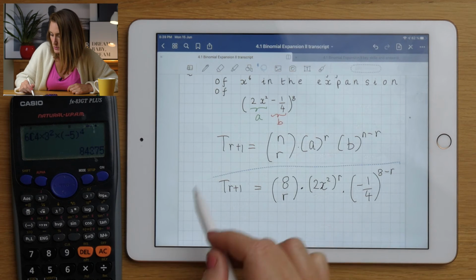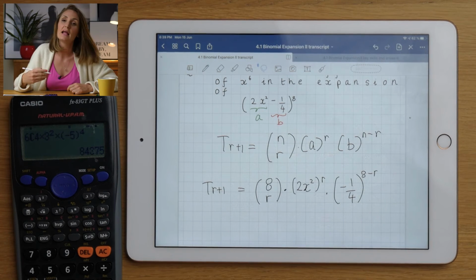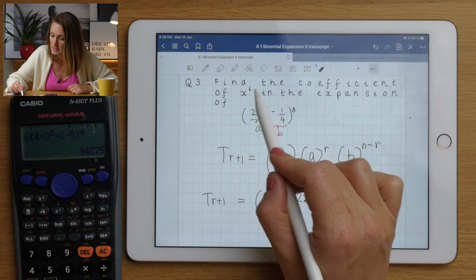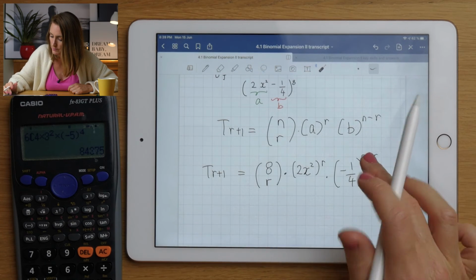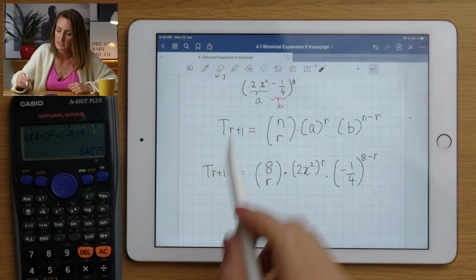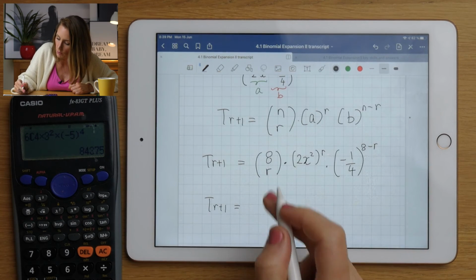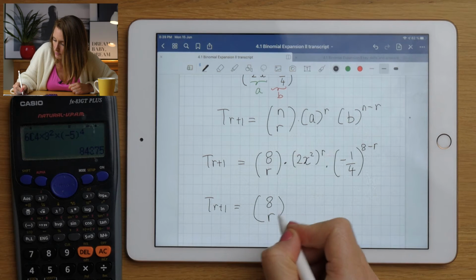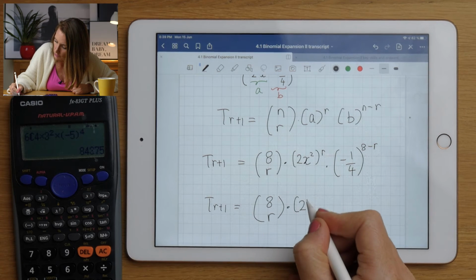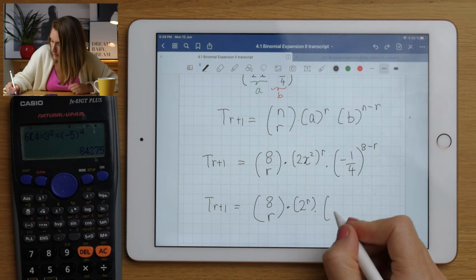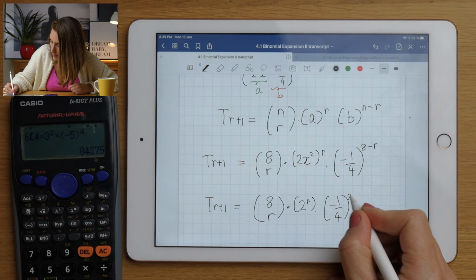Now, in this situation here, I need to again think, which value of r do I need? I need x to be x power 6, okay? So I'm going to tidy this up slightly. What I like to do is put all the coefficients, all the numbers, for example, here at the front. So I would have here 2 power r times by minus a quarter, 8 minus r.